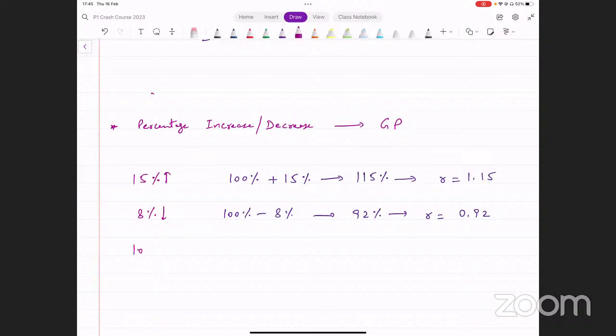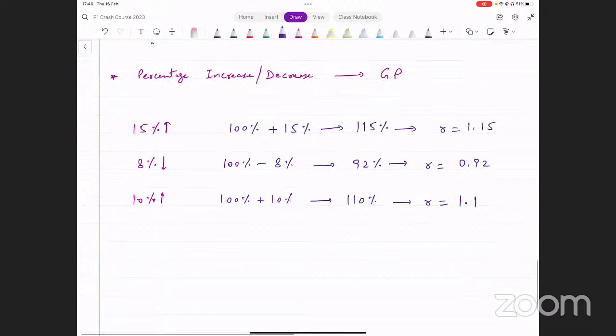Similarly, if you have 10% increase, let's say, just another example, that becomes 100% plus 10%, and that results in 110%. If you write this in decimals, that is going to be 1.10, or you could say just 1.1. That's the ratio in this case. All right. So whenever there's a percentage increase or decrease, you can figure out the ratio like this.